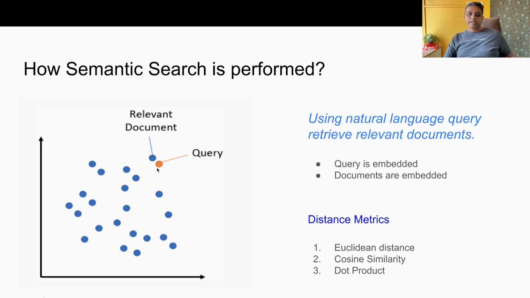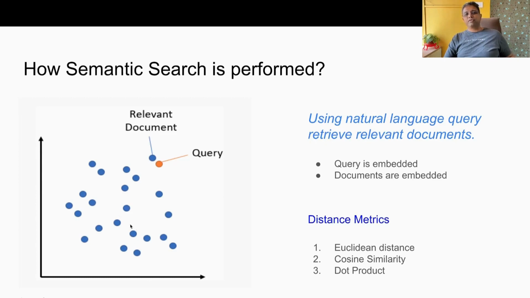Now here you see the query is close to only one document. This diagram has been taken from the SBERT website. But if the query were on the leftmost side, then you would find three documents matching. If the query would be here, then there would be multiple documents matching around it.